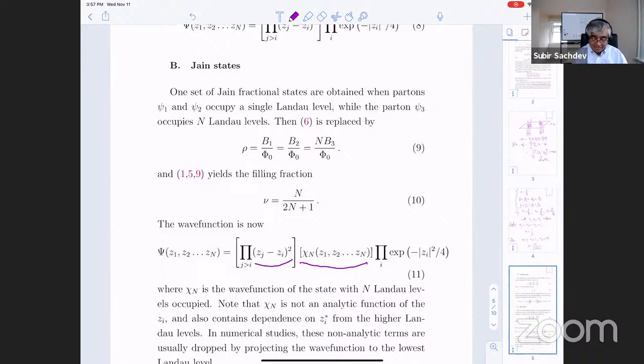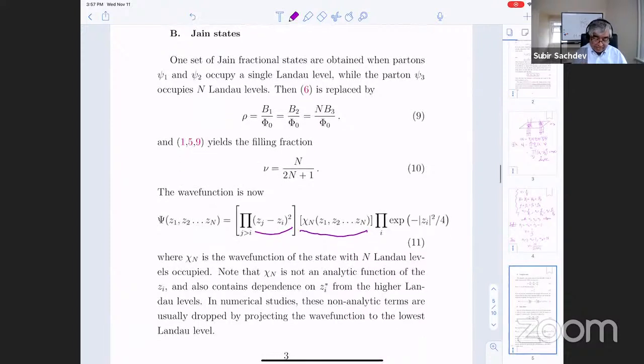In the numerical studies, the way Jain fixed it was to just drop the non-analytic terms, just project them out, and then everything works. The modern understanding is that projecting out the non-analytic terms is similar to doing the gauge integrals.